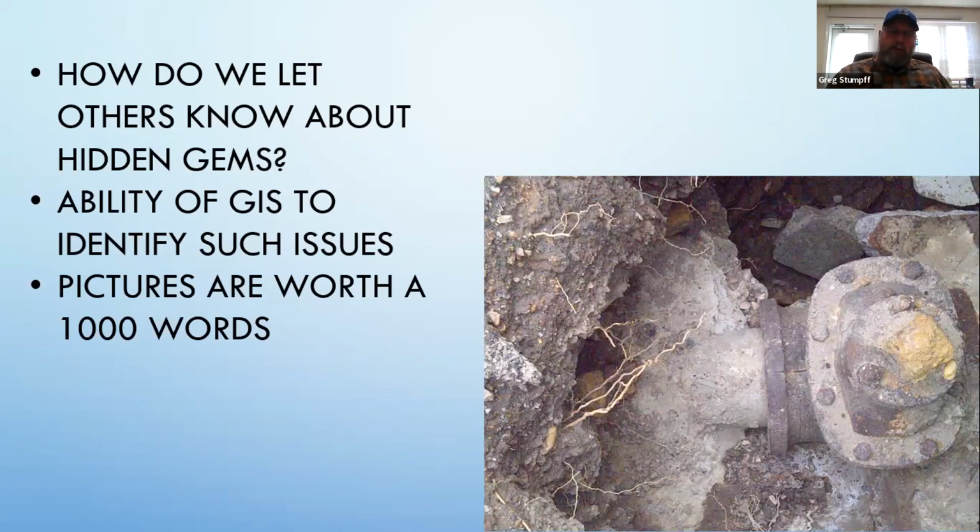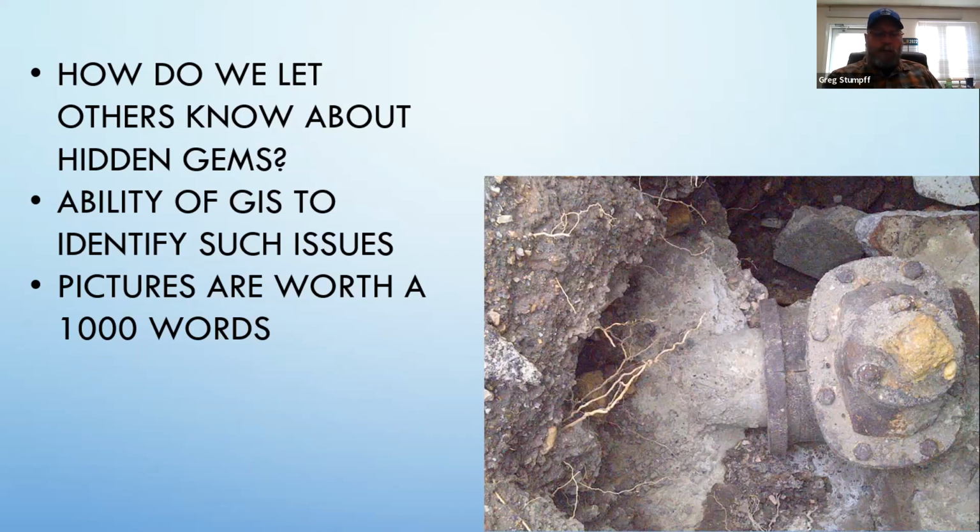There's unique things in every system. I call them hidden gems, and they usually teach us the school of hard knocks pretty hard sometimes. The picture on the right is one we found when we dug up to fix a leak. You can't see it, but the service line actually curves around to the right, came all the way across this valve, and we found out this valve was in there.